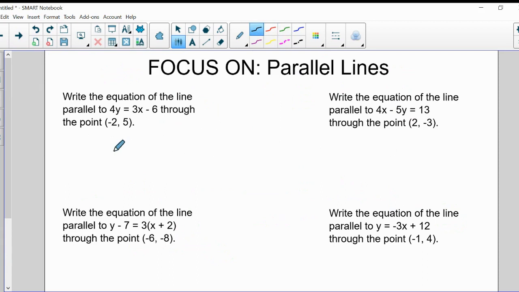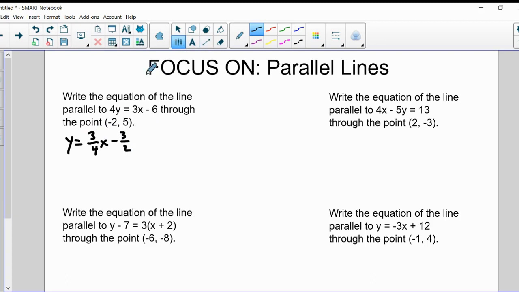So now let's do some problems really quick. Write the equation of the line parallel to 4y equals 3x minus 6 through the point negative 2, 5. If it doesn't tell us what form to do it in, then we can do it in whatever form we want. So I'm going to do this problem in two different ways. I'm going to solve this for y. So y equals 3/4 x minus 6 over 4, which is 3/2.